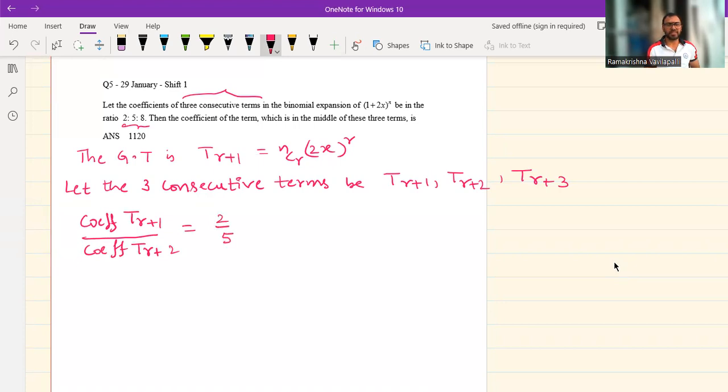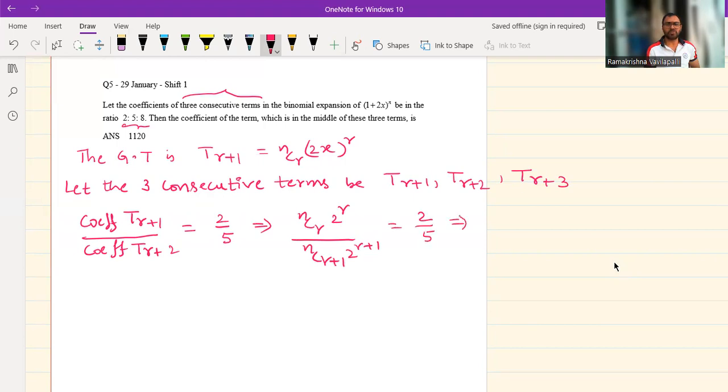I'll simplify this. What is the coefficient of T(r+1)? Except for this x power, you have to write everything. So nCr 2^r divided by nC(r+1) 2^(r+1) equals 2/5.